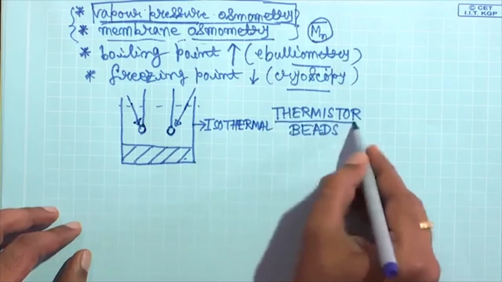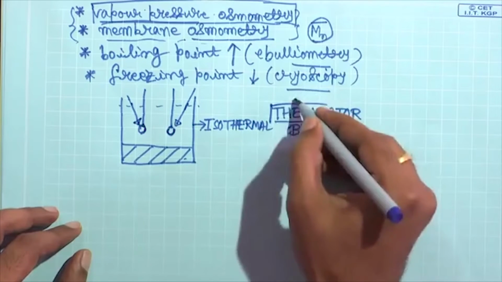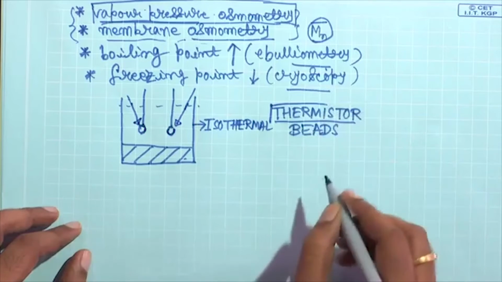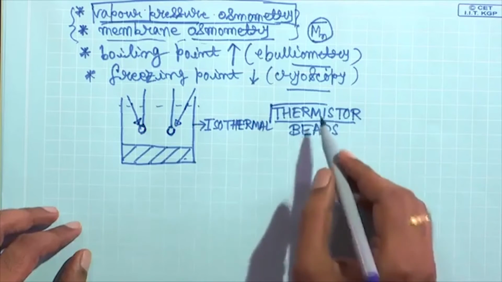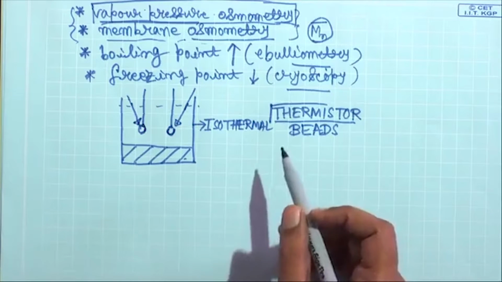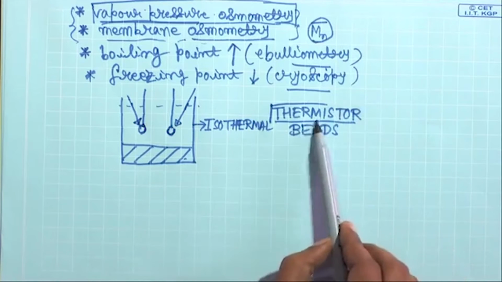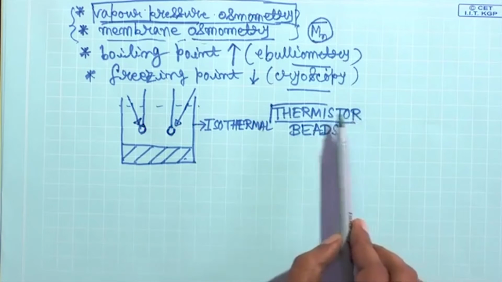Thermistor has two terms, thermal and resistor. Thermistors are resistors which change their resistance when you change the temperature, and they have a high temperature coefficient of resistance. The higher the temperature coefficient of resistance, the higher the response to a change in temperature.